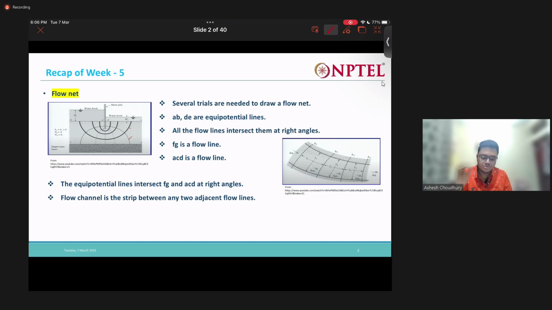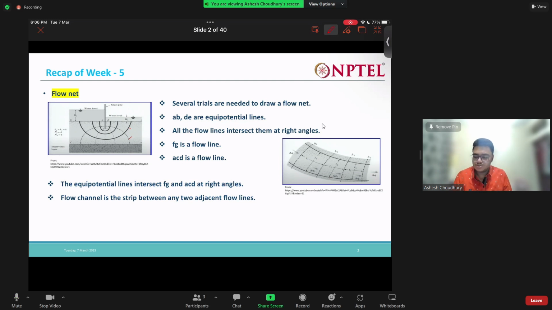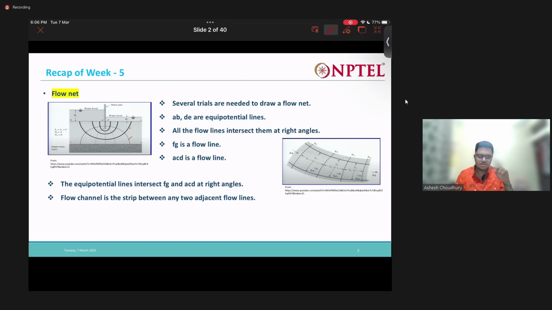Approximately we need to draw, and then make sure that the equipotential lines and the flow lines are always perpendicular to each other, so they intersect at right angles. Keeping these criteria in mind, we draw the flow nets, and if while drawing we find that those criteria are not satisfied, then we need to erase it and draw it again.